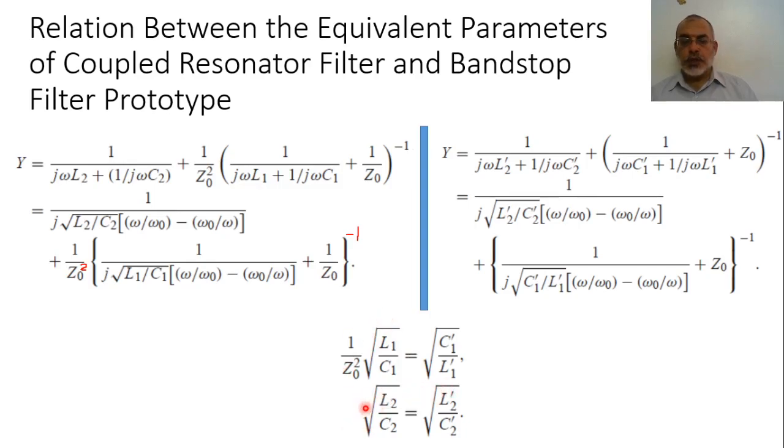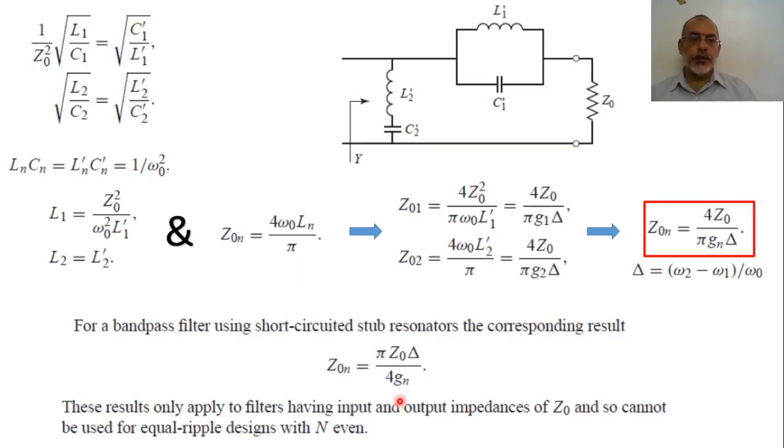By using these two relations, we can find the relation between the inductance of the stub L1 in terms of the inductance of the filter prototype L1 dash, and the inductance of the second resonator L2 in terms of the inductance of the filter prototype L2 dash.